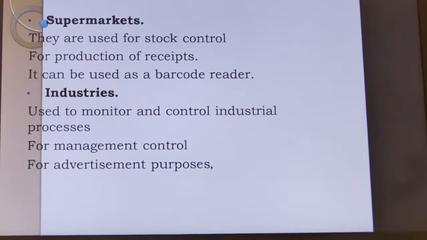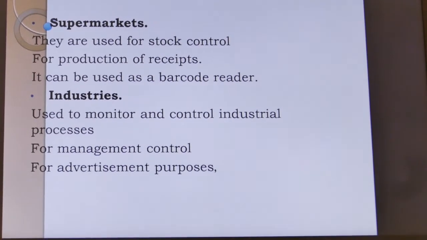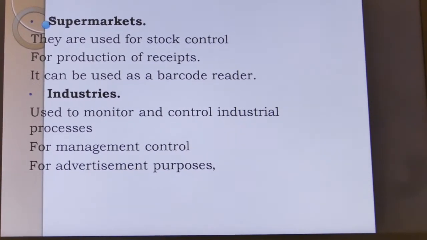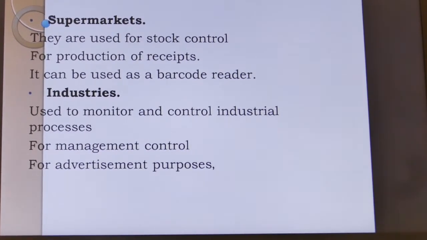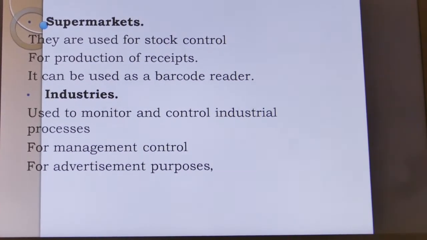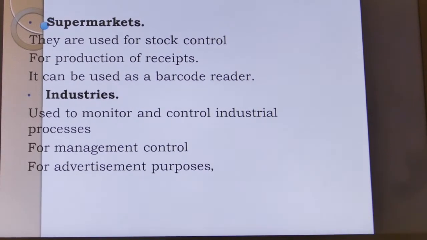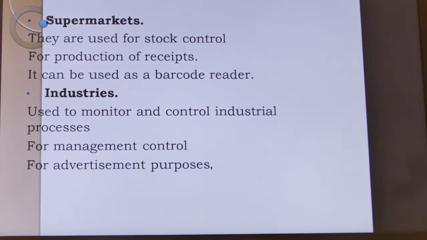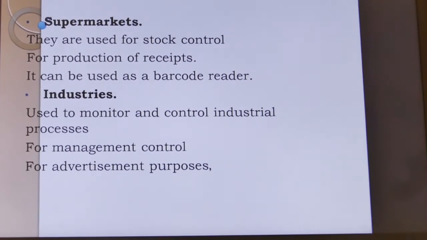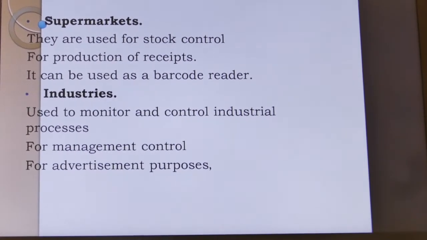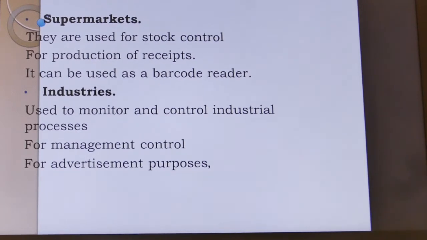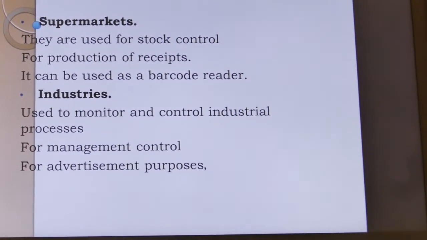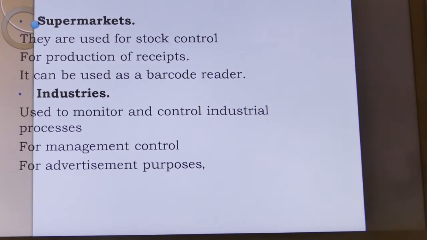Then we have the role of ICT in our society. One is supermarkets. In supermarkets, computers are used for stock control, production of receipts, and also as a barcode reader, so that the code can be changed to give the price of the item.